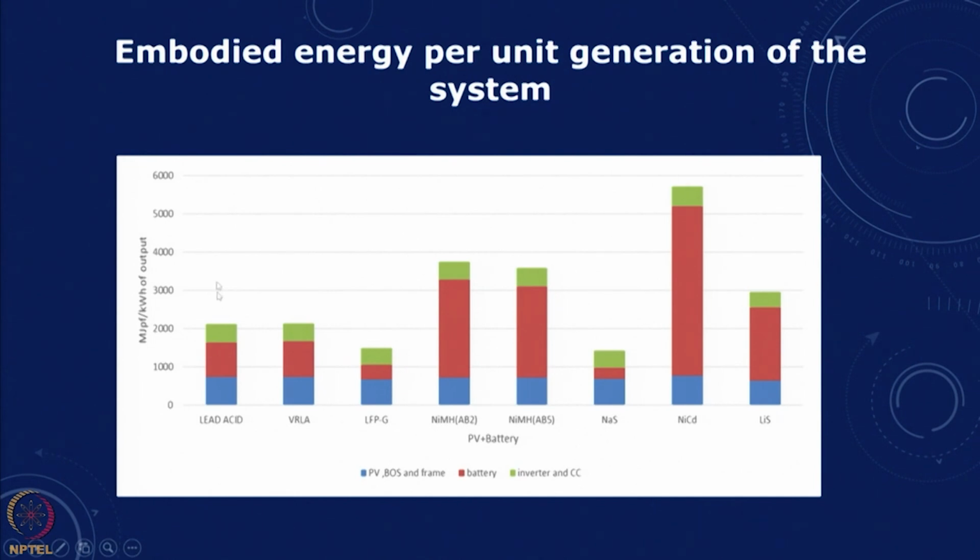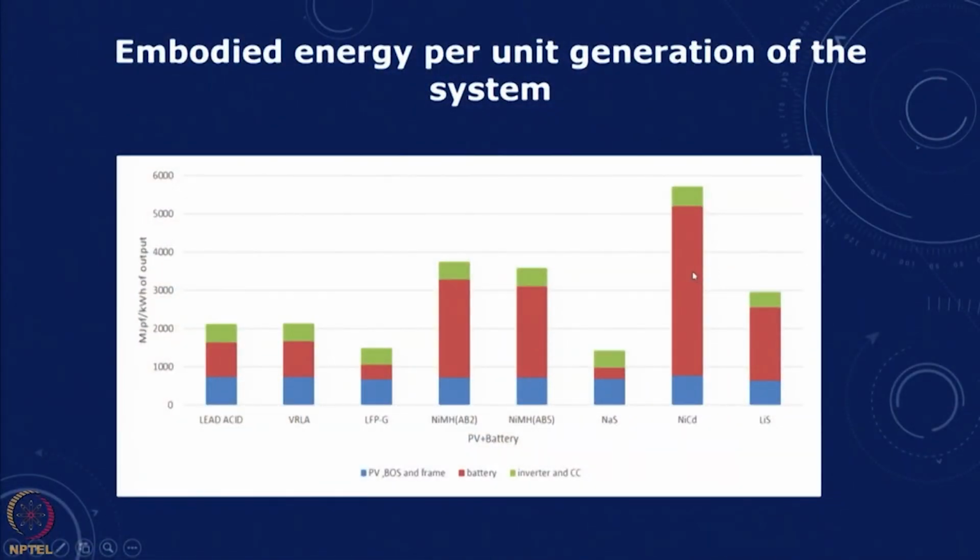It shows that sodium sulfur and lithium ion seem to be the options which can result in cost effective options. Today they are costly, but from an energy viewpoint, they seem to be promising. And we can also use this as a basis for seeing if we want to change the process of manufacture. Can we change the process so that the energy input actually decreases and it becomes more viable?